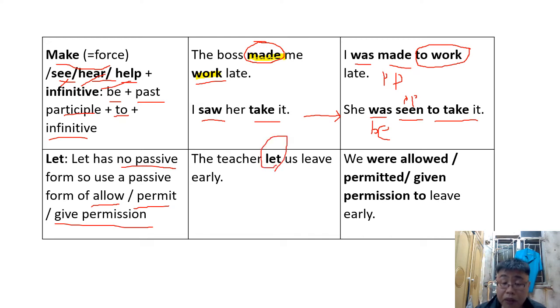The main verb is let, and then the infinitive is leave. In the passive sentence, we were allowed, permitted, or given permission to leave. Okay, to leave is the to infinitive.